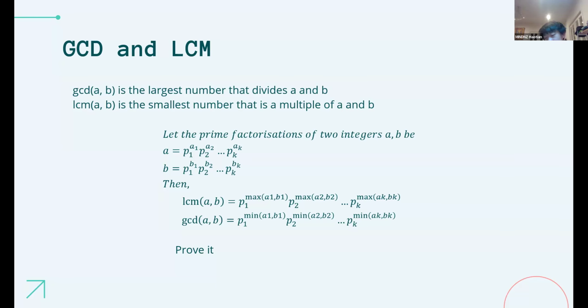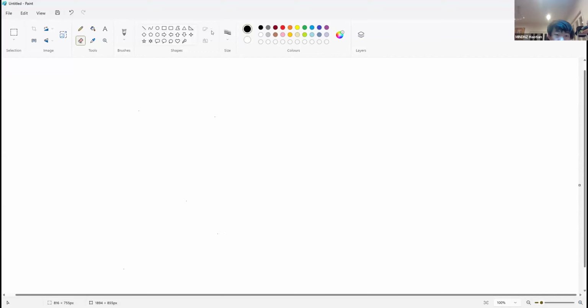Okay, so if we have two numbers A and B, and then we have the prime factorizations. Actually, okay, let me explain what that means first. We're learning about the GCD and the LCM, right?